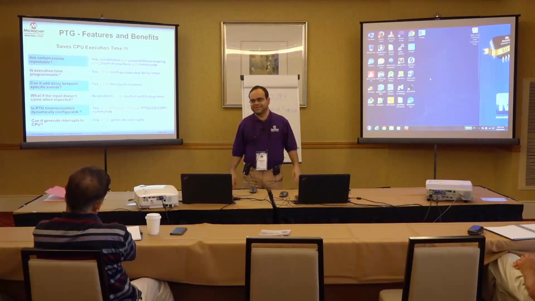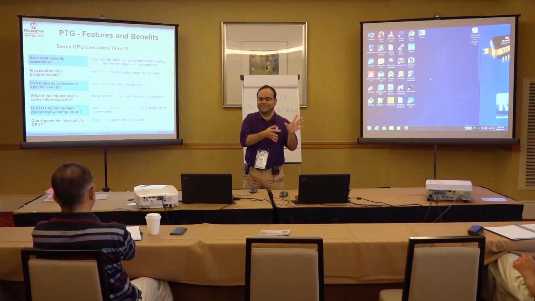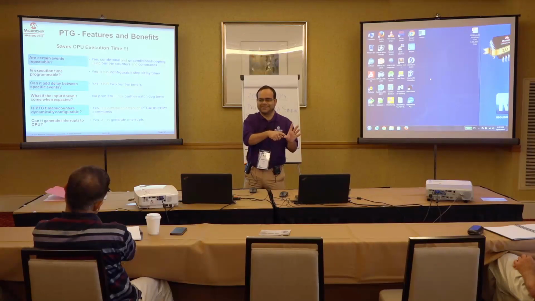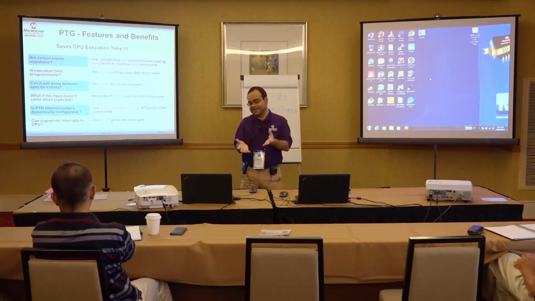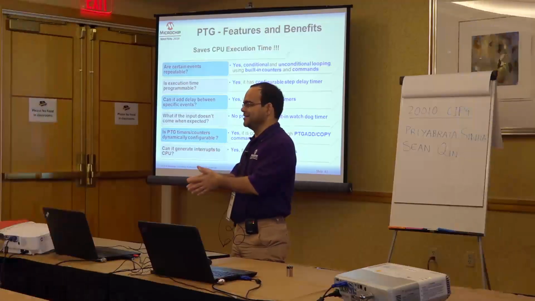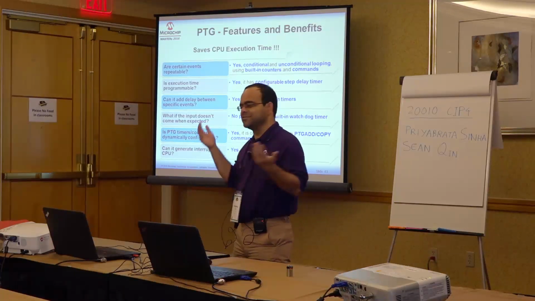That PID control loop does need to be executed by the CPU at the right time. How would it know it needs to execute that? The PTG would tell it by generating an interrupt request. As soon as the ADC conversion results are ready, it can send an interrupt request to the CPU, and then the CPU can execute its control loop.